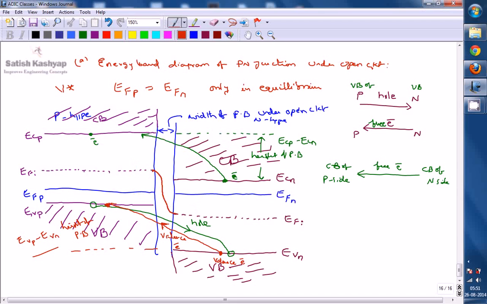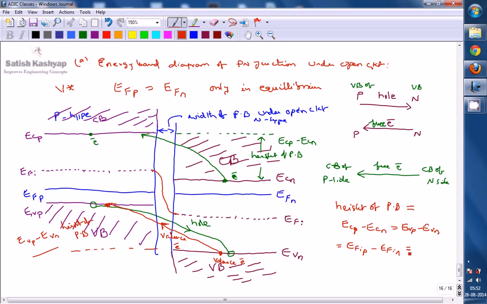So this is also treated as the height of potential barrier. Height of potential barrier can be defined as ECP minus ECN, otherwise EVP minus EVN, otherwise you can also write it as EF on P side minus EF on N side.